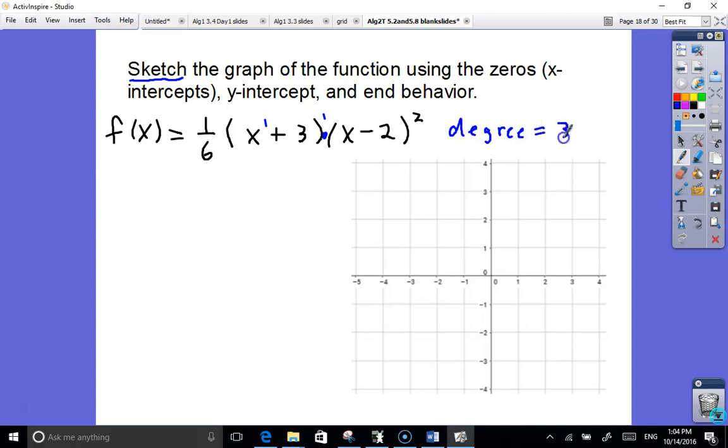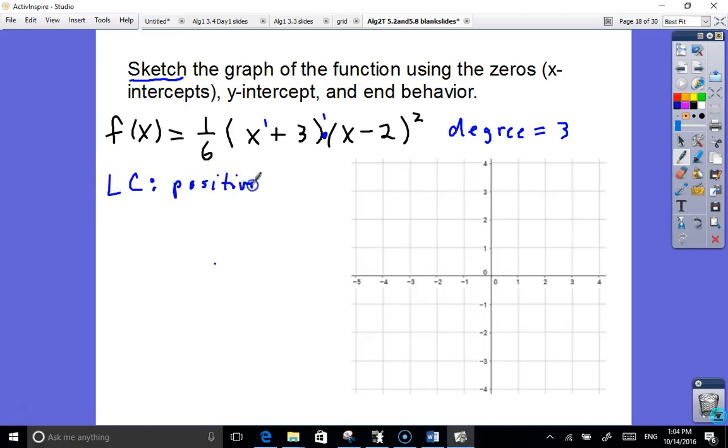Which is odd. For end behavior, all we really care about is whether it's even or odd. It's odd. Okay, is the leading coefficient positive or negative? It's 1/6, so it's positive. The leading coefficient, I'm going to abbreviate LC, is positive.